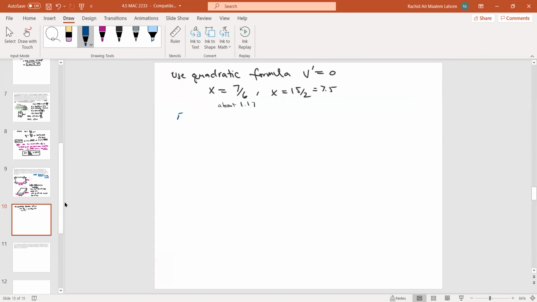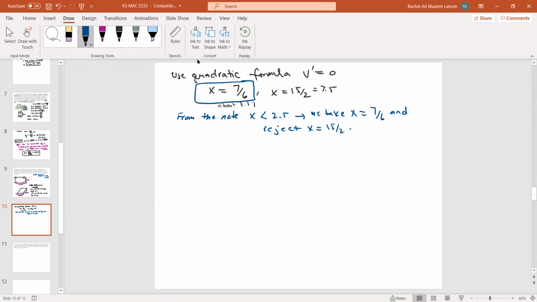So from the note, x must be less than 2.5. So we take x as 7/6 and reject x as 15/2. So that's how you decide when it's not easy to decide by negative and positive.